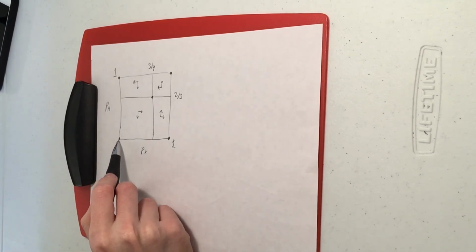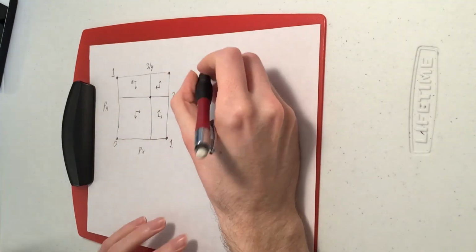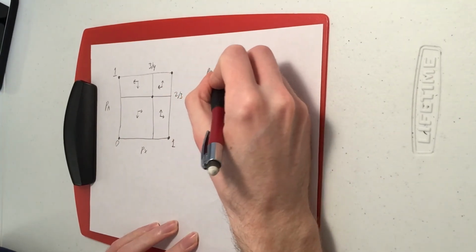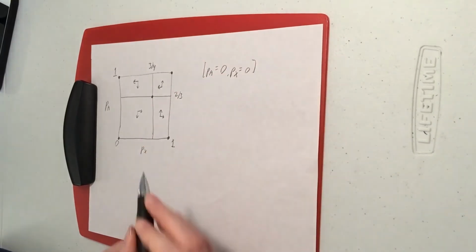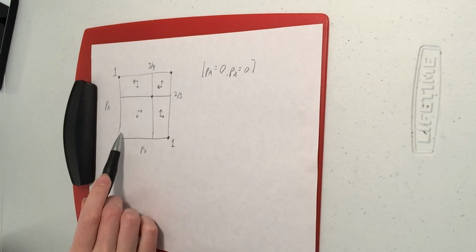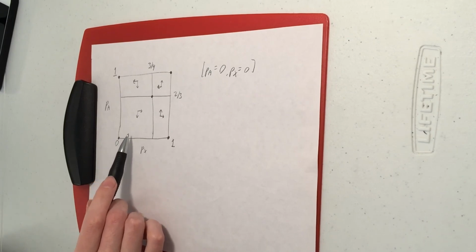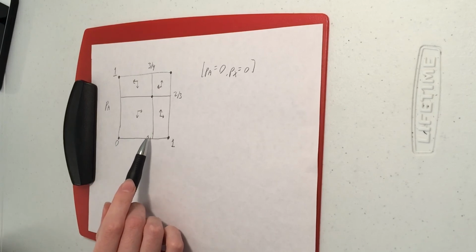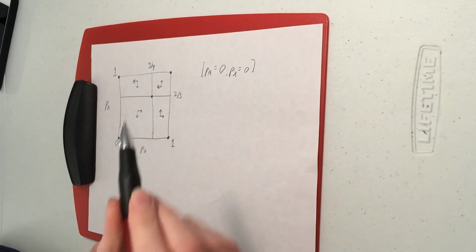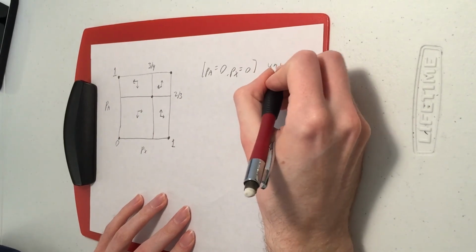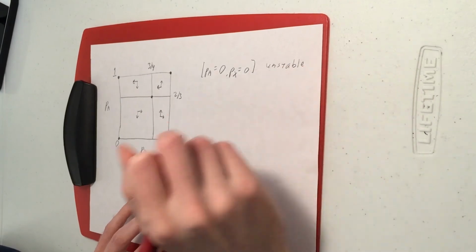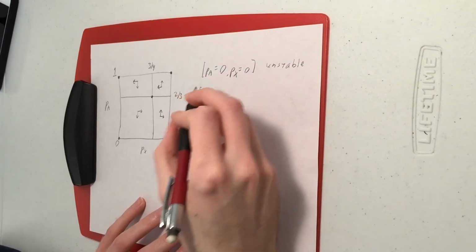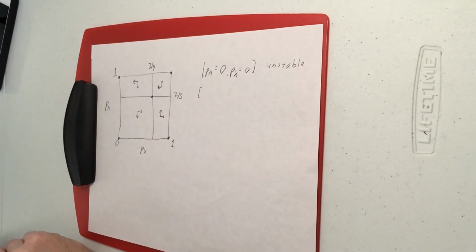So we start over here where PA and PX are both 0. If we were to deviate a little bit from that equilibrium, the arrows are going to push us away. So it pushes in this direction. So that's not stable.